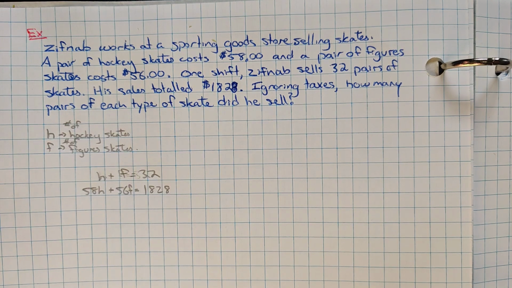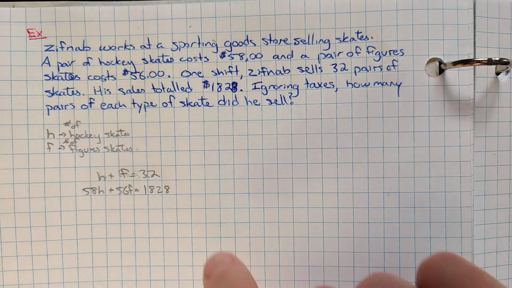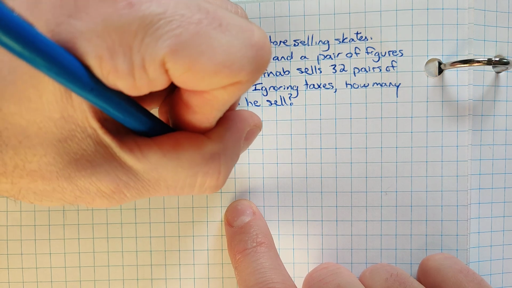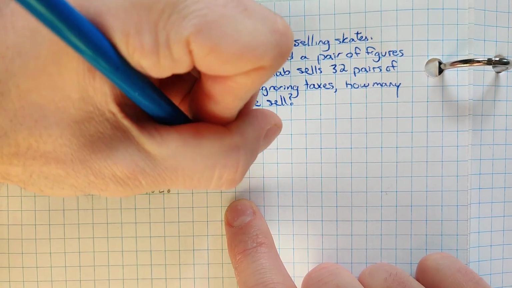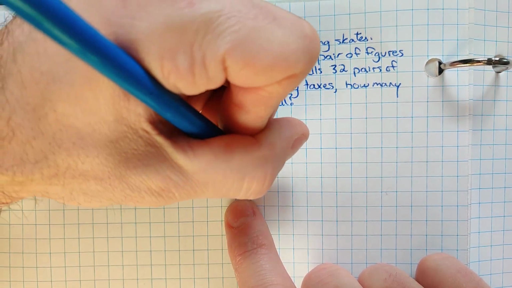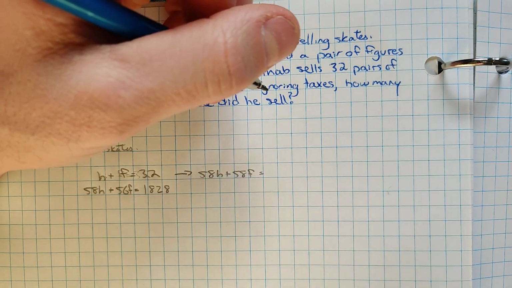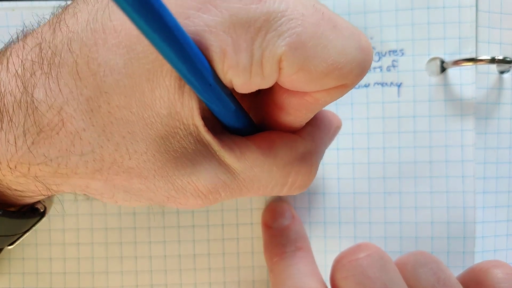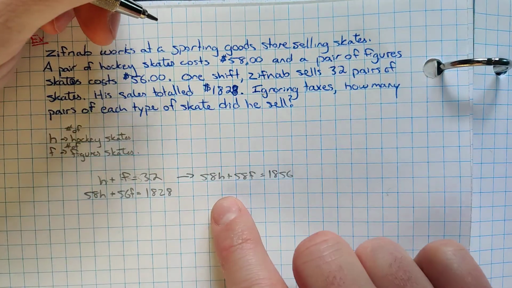Like in our previous example, we can't simply eliminate H or F. So we're going to have to multiply one of them. It doesn't matter which one. Let's get rid of the H. So we'll multiply this equation by 58. I'm going to get 58H plus 58F equals, and 32 times 58 gets me 1,856.